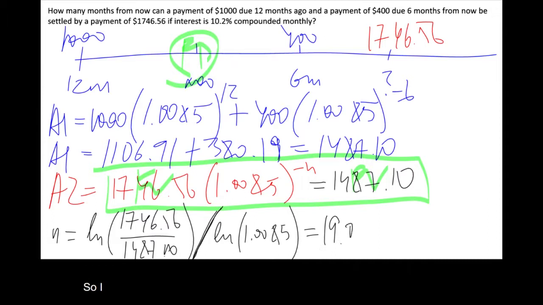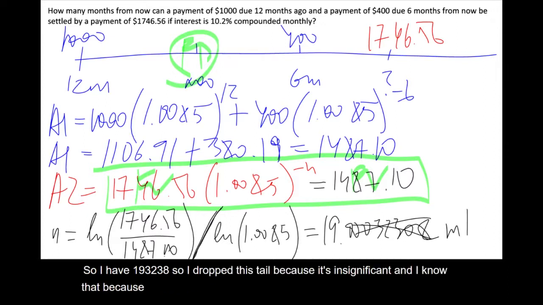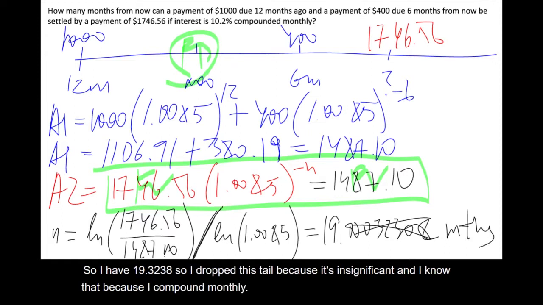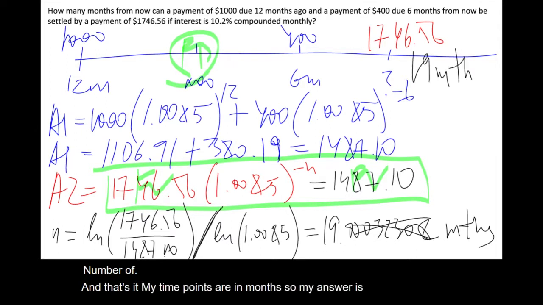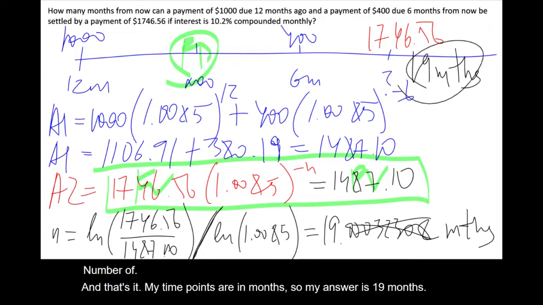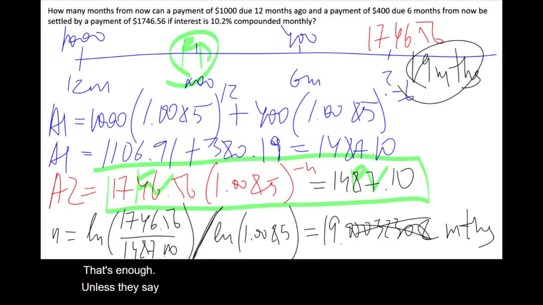So I have 19.0003238. So I drop this tail because it's insignificant, and I know that because I compound monthly, I found the number of months. And that's it. My time points are in months. So my answer is 19 months. That's enough. Unless they say, okay, find how many years, then you have to convert it, no other choice.